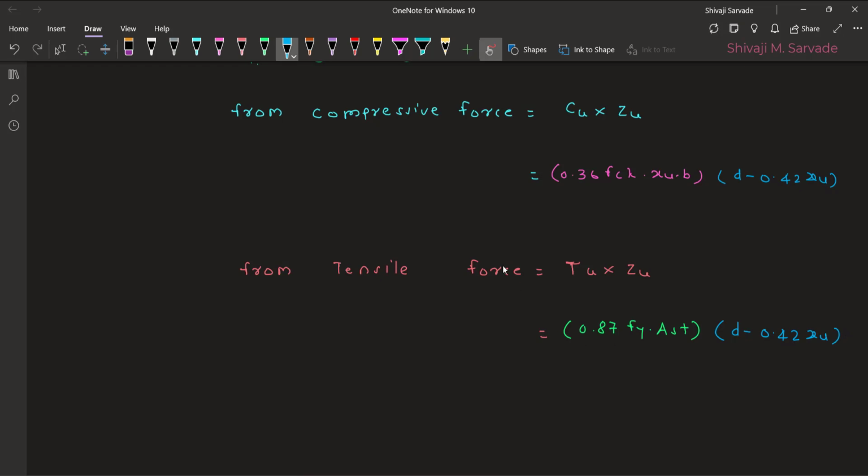So in summary, we have this moment of resistance from the compression side, and this moment of resistance from the tension side. When to use which depends on whether the beam is under reinforced, over reinforced, or balanced. That requires some additional calculations and calculation of some design constants that we'll see in the next session. Thank you.